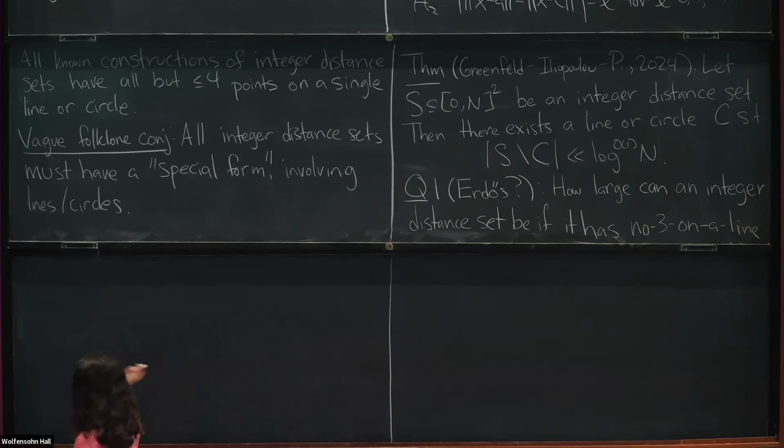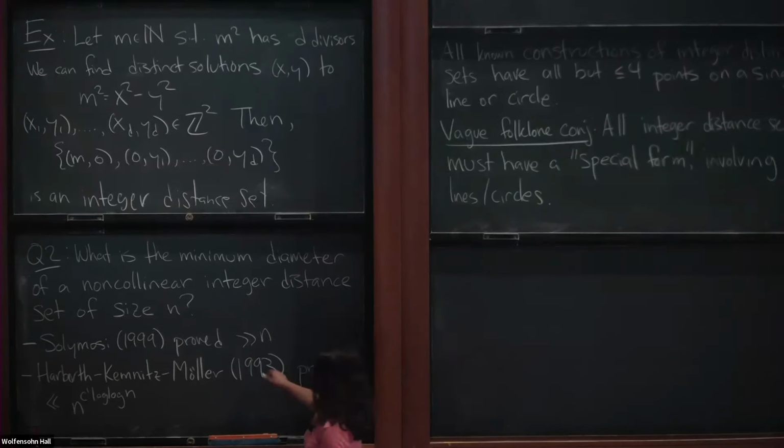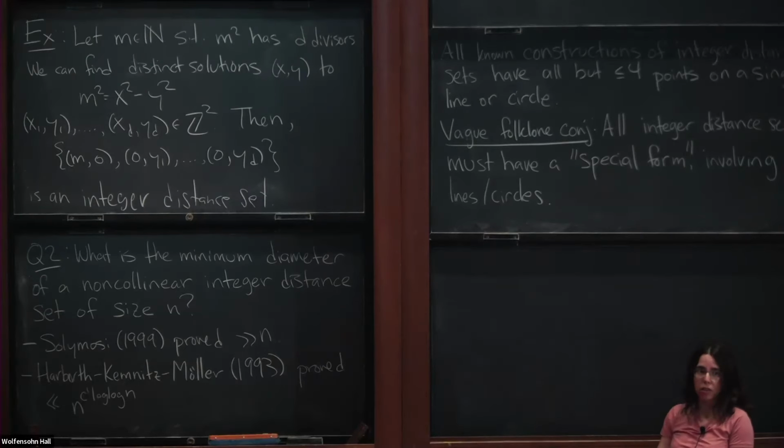Using our structure theorem reduces the problem of improving Shoi-Moshe's lower bound to that of bounding the size of non-collinear integer distance sets intersected with lines and circles.